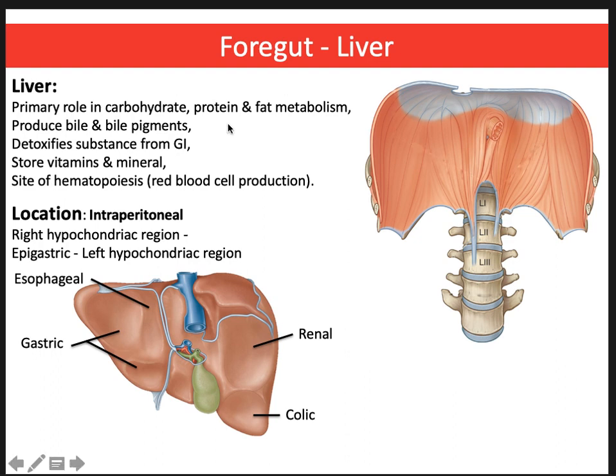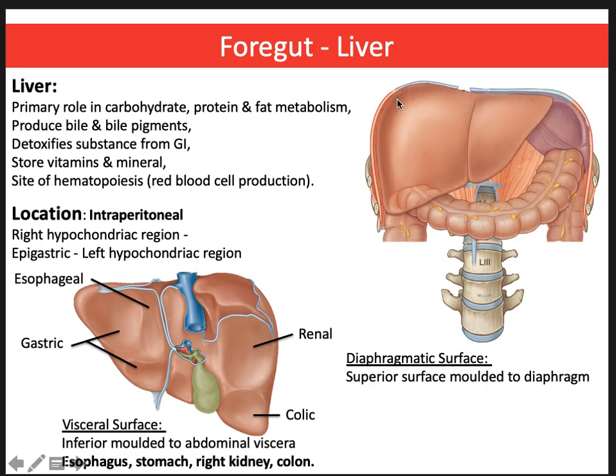So where is it located exactly? The liver is located here in your right hypochondrium region, but also extends into the epigastric region. And sometimes you will see it also on the contralateral side, in your left hypochondriac region. There are as many liver shapes as there are fingerprints.